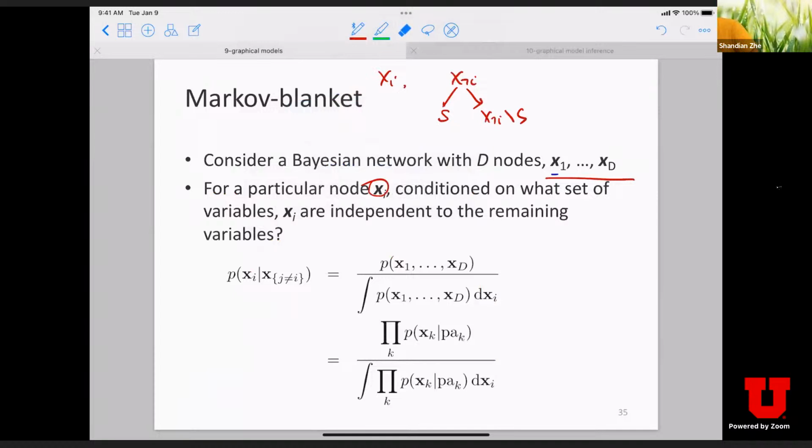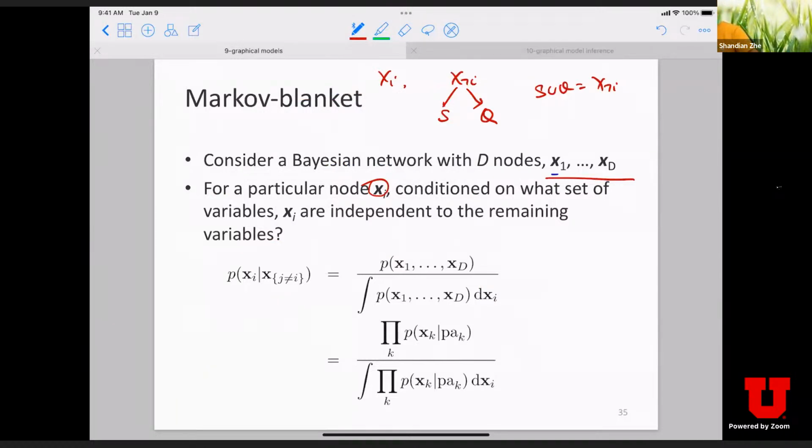let me not use this awkward notation. Let me assume the other set is Q. So S and Q are not overlapping, and S union Q is x not i.